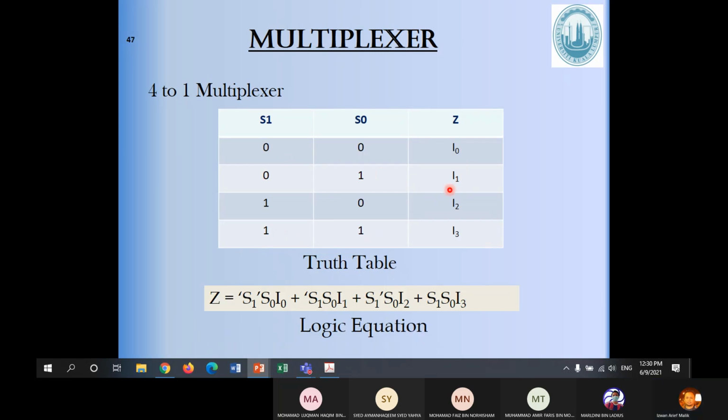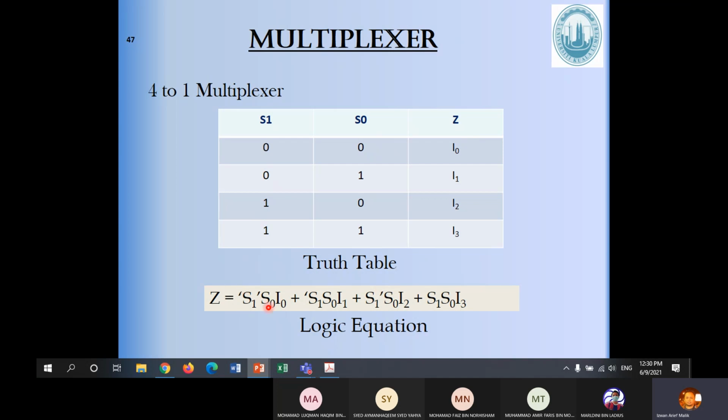Okay. And then from the truth table, you are able to derive your logic equation. So look into the selectors S1 and S0. If it is 0, then just barkan dia, then darabkan dengan output dia. So for the first one, S1 bar, S0 bar, I0.